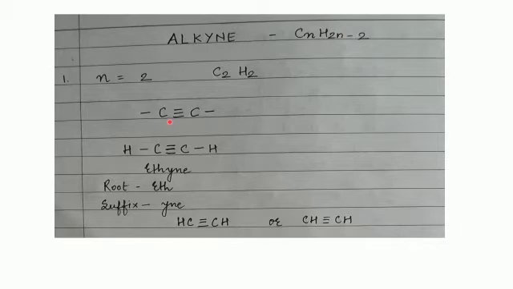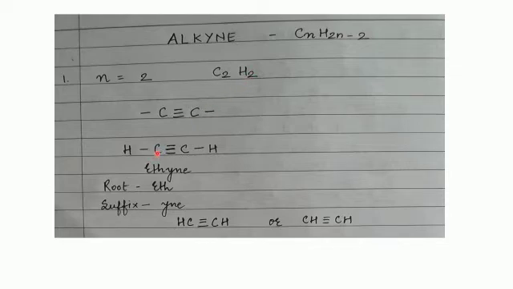First, we will draw the carbon skeleton. In that, we will arrange the two carbon atoms. Since there are only two carbon atoms, there is going to be a triple bond between them. Now we shall distribute the two hydrogens.